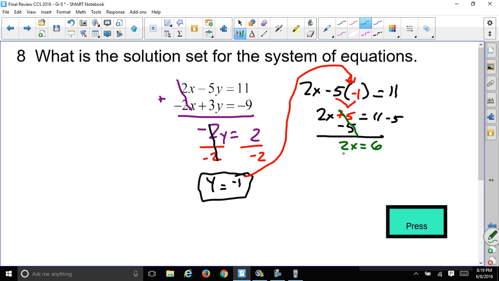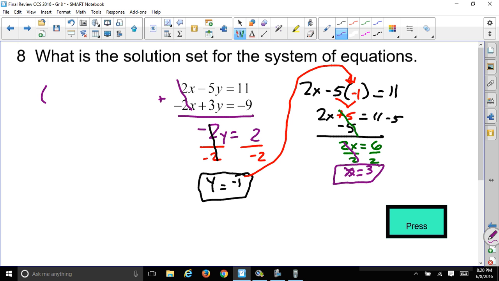Now divide both sides by 2, and I'll have my x. 2 divided by 2 gives me x by itself, and 6 divided by 2 gives me 3. Now I have both of my letters: x equals 3, y equals negative 1.